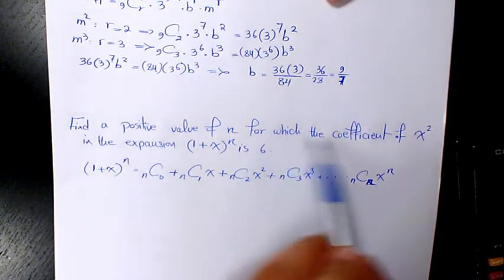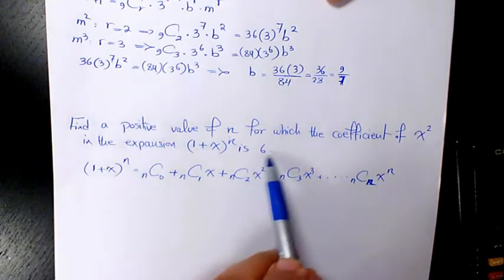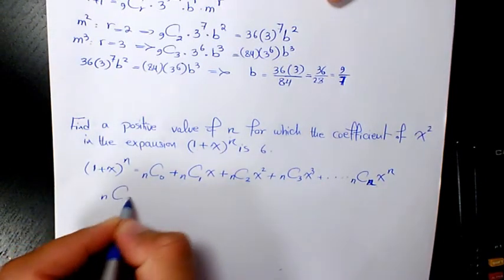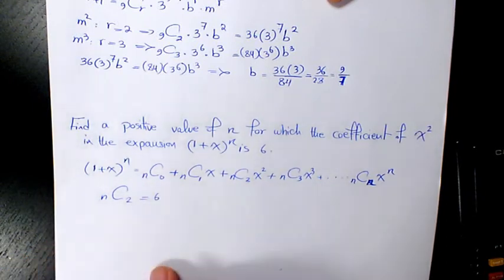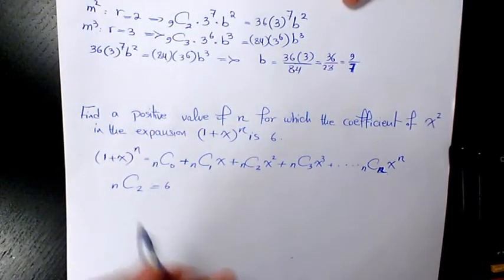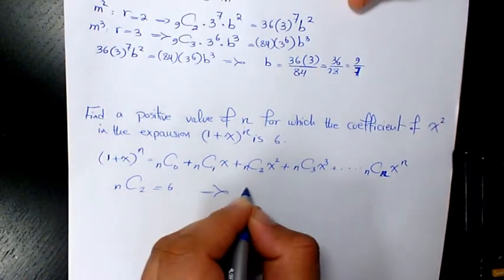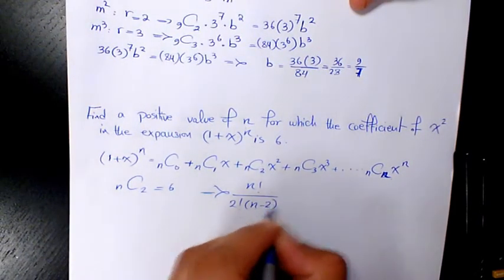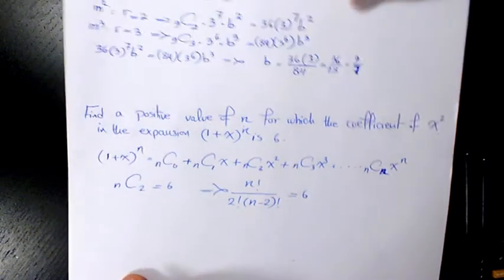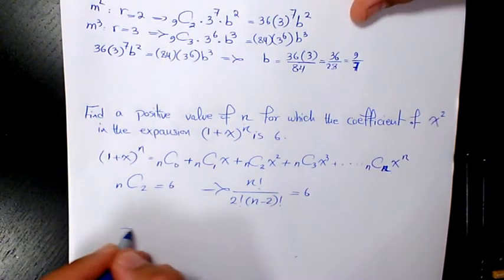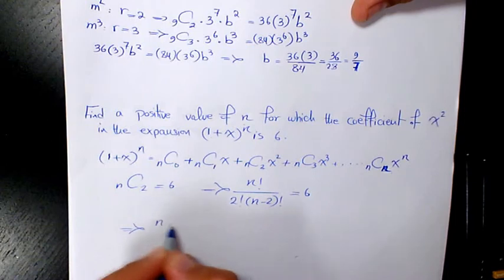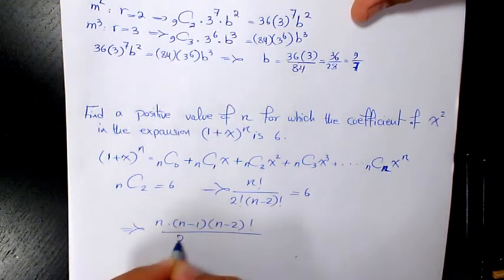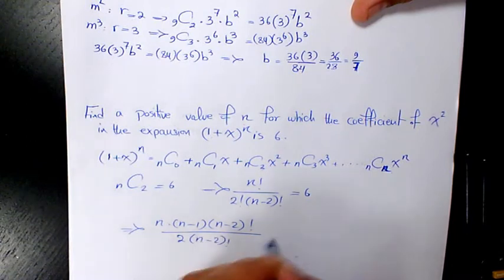Here it says the coefficient of x squared is 6, which means that nC2 is 6. What is nC2? nC2 is n factorial divided by 2 factorial divided by (n minus 2) factorial. That's going to be 6. So when you expand it, it's n times (n minus 1) times (n minus 2) factorial divided by 2 times (n minus 2) factorial, equal to 6.